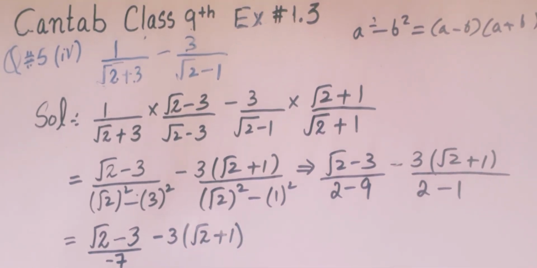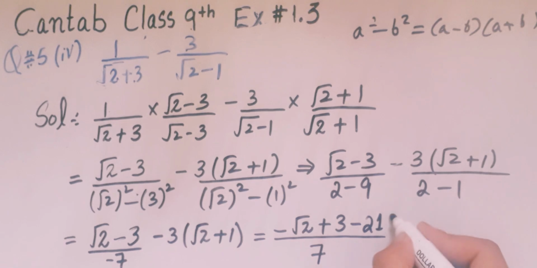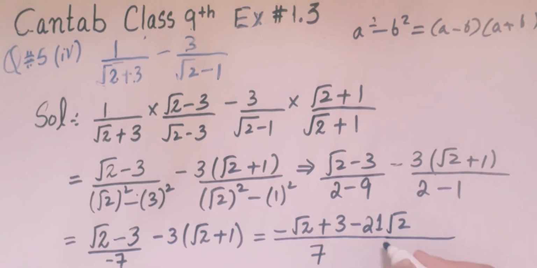Now we will take minus 7 as LCM, then minus square root of 2 plus 3 and minus 21 square root 2 and minus 21.